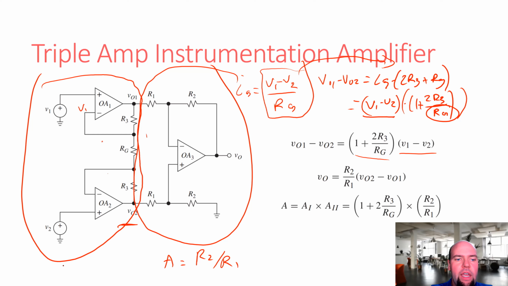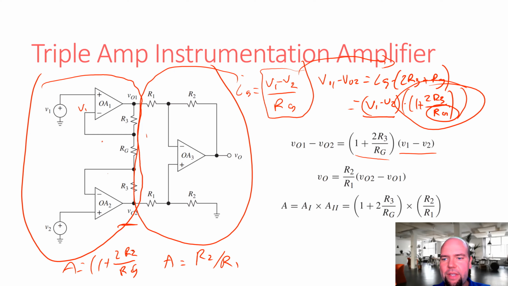And the gain of the initial stage, which we already found, was 1 plus 2R2 over RG. I hope I'm not clipping that bottom of the slide off. So then the overall gain is going to be this gain times this gain.